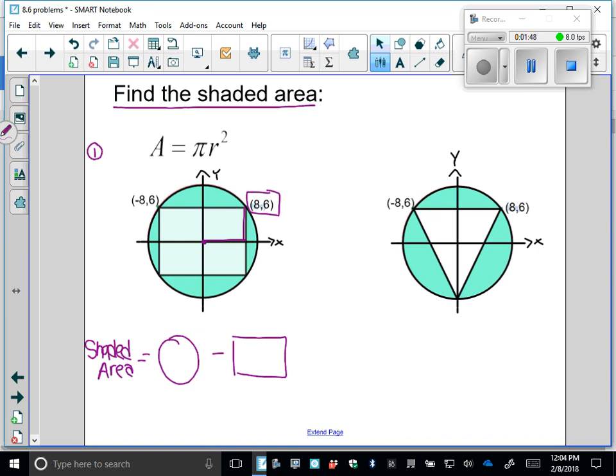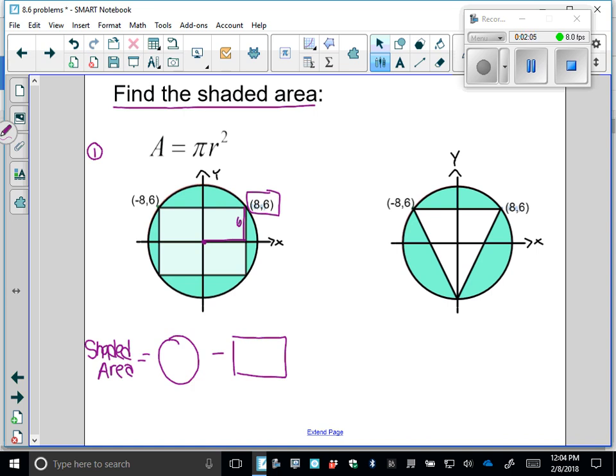So in order to do that, we have to figure out how the 8 and 6 is useful. So I know that when I look at the rectangle, that 8 and 6 are pretty useful because that tells me this is 6.